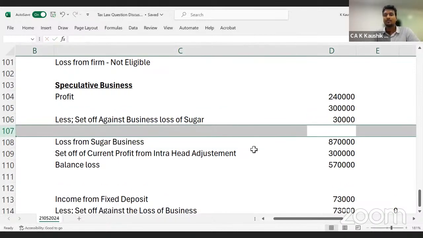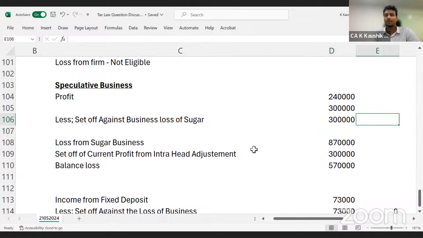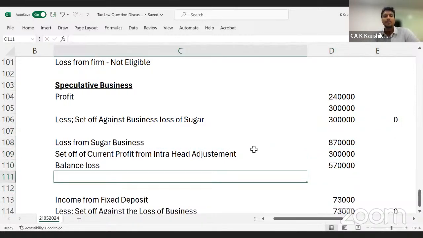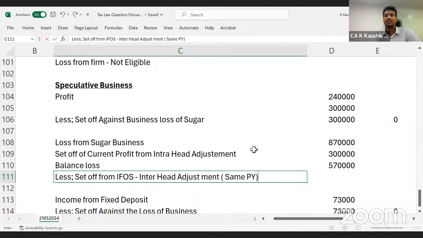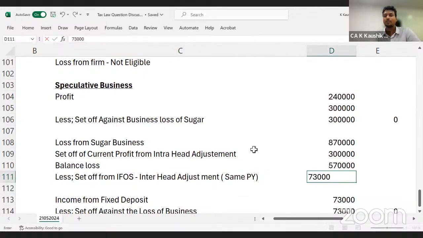So no taxable income, 0. Okay, so loss from sugar business, we have 5,70,000. Less set off from other sources, IFOS, inter-head of current year, inter-head adjustment, same previous year. So less 73,000.